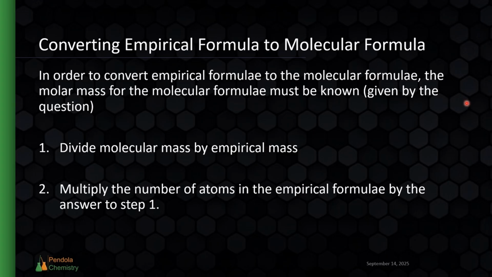So by dividing the mass of the molecular formula by the mass of the empirical formula, we're trying to see what we need to multiply this by. What is the ratio of their masses? And then we multiply the atoms in the empirical formula by the ratio in order to get the answer to what is the molecular formula.